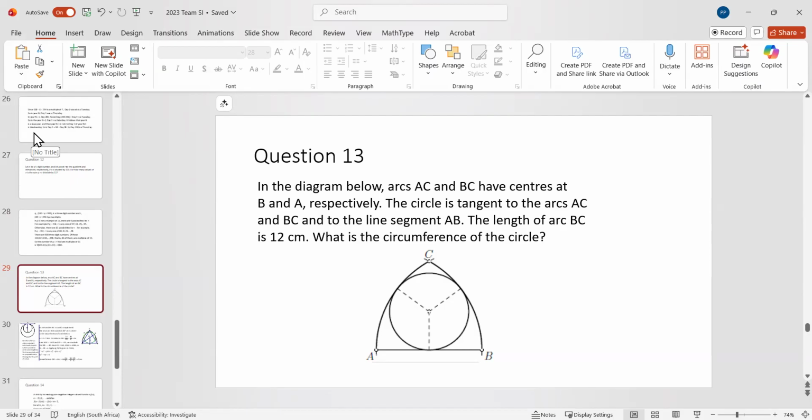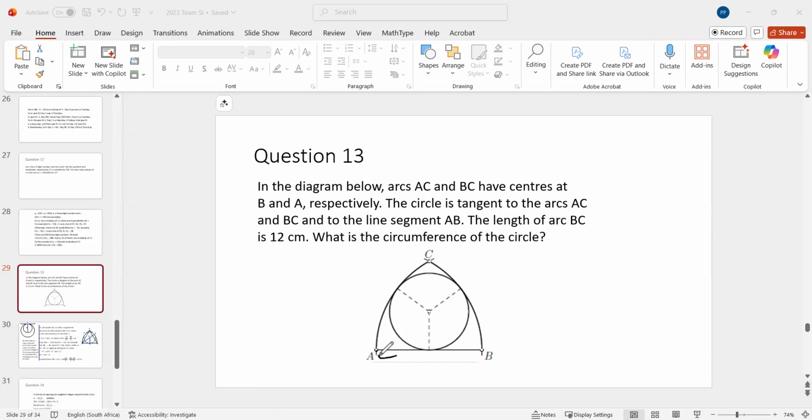So in the diagram below, here we are almost to the end. Arcs AC and BC have centers B and A. So you can see this is an arc, and this is an arc here. The center of this arc is this. So AB is the radius of this arc.